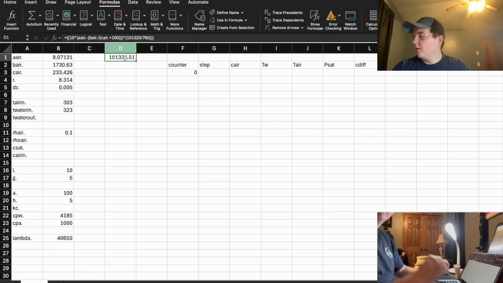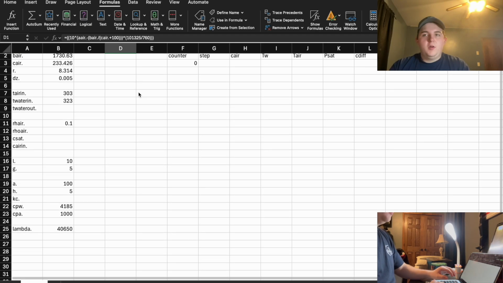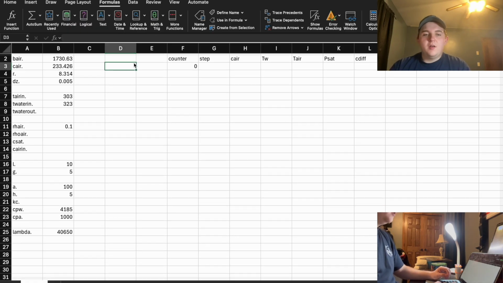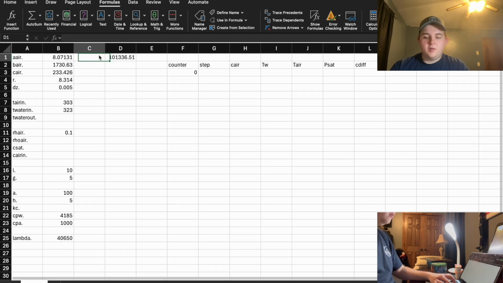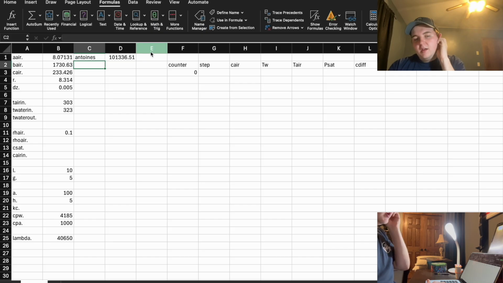So we got our correct value, I'm assuming, I hope. I can check later. And then so now we have that value for our Antoine's. So I'm just gonna add that there so I don't forget.